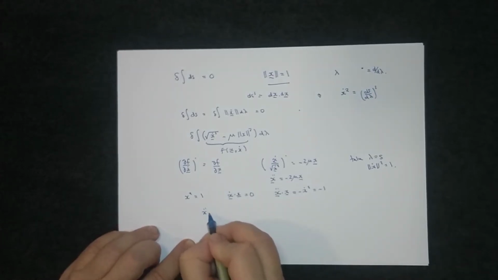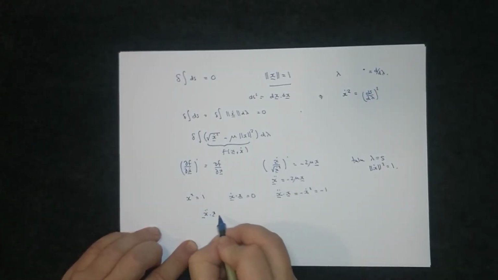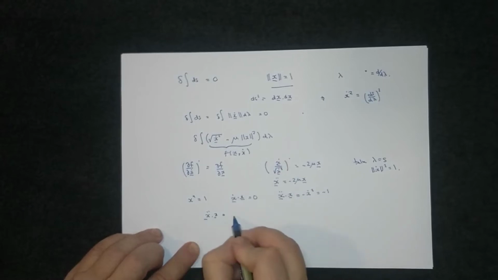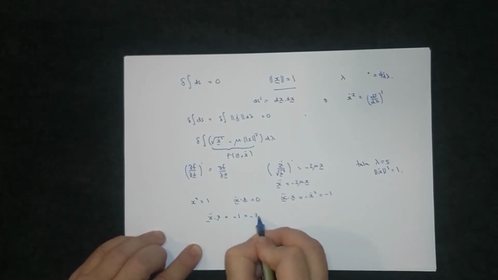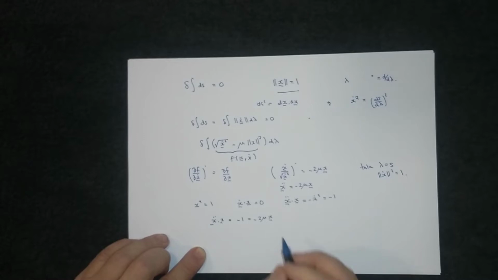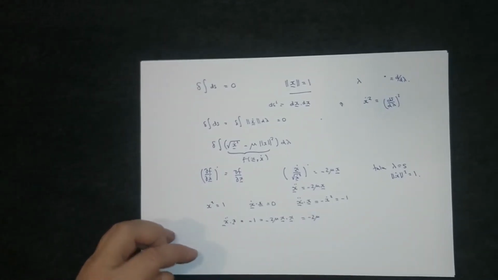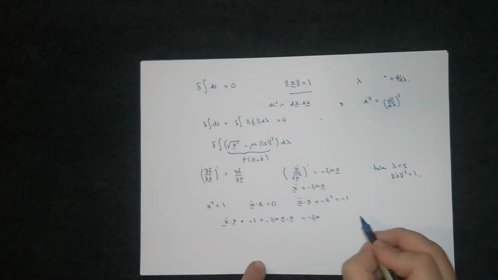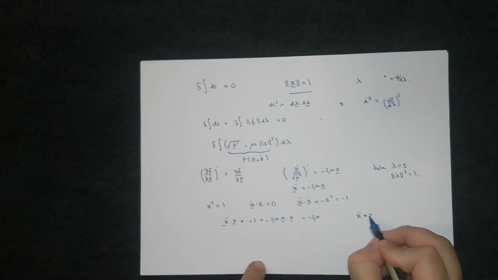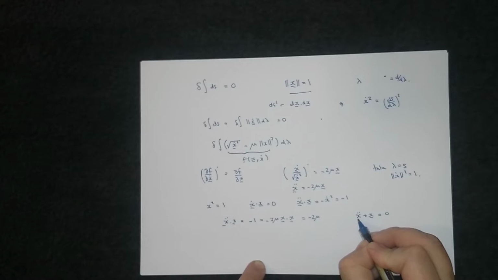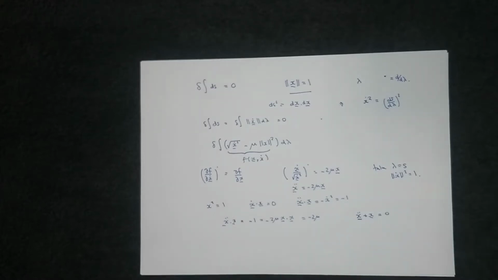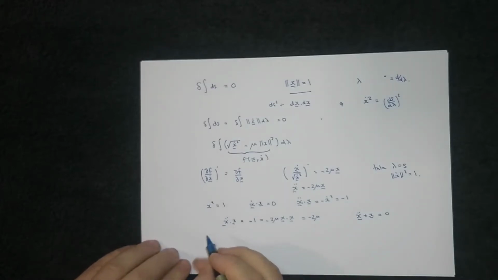I'm going to get x double dot dot x, and that's equal to minus 1, and that's minus 2 mu x dot x is minus 2 mu. So this equation is x double dot plus x is 0. That vector equation is easy to solve.